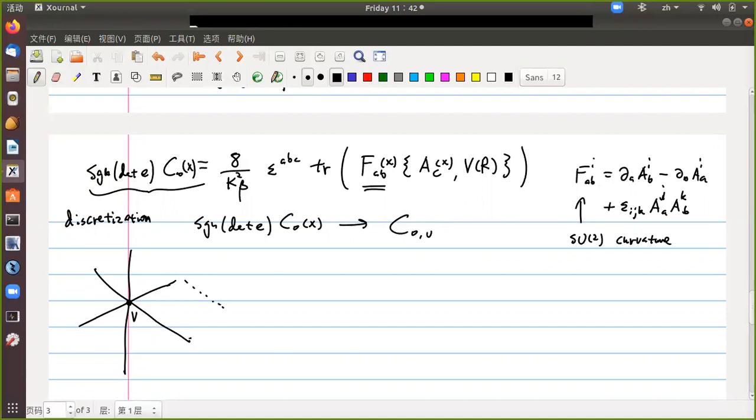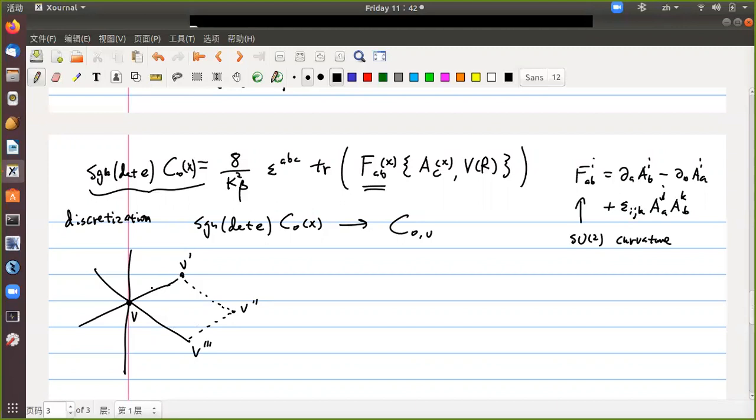So let's consider just the neighborhood of this vertex. Adjacent to this vertex, there are many what we call plaquettes, those small squares. This is another vertex prime, and this is another vertex, so in the neighborhood of this vertex there are a few other vertices: double prime, triple prime, let's say.